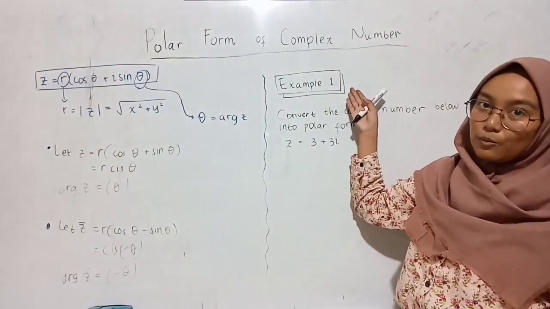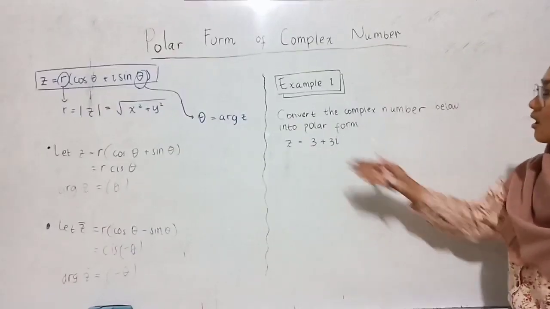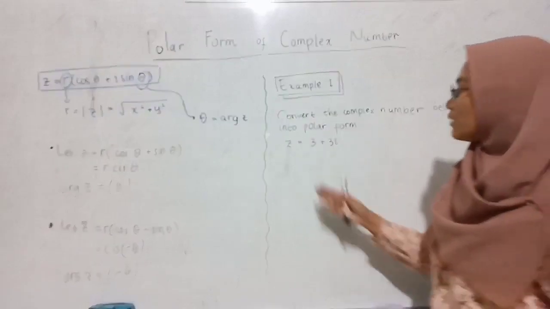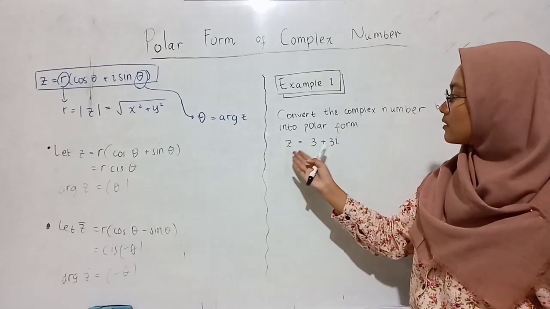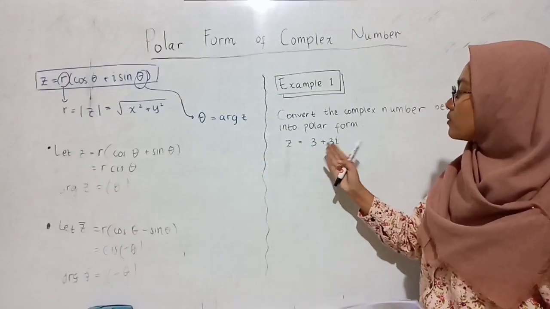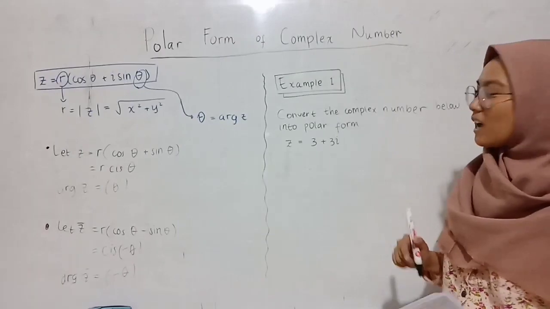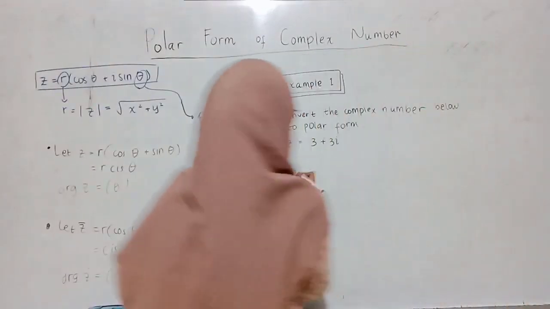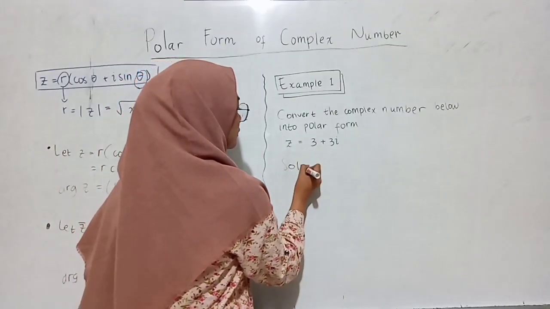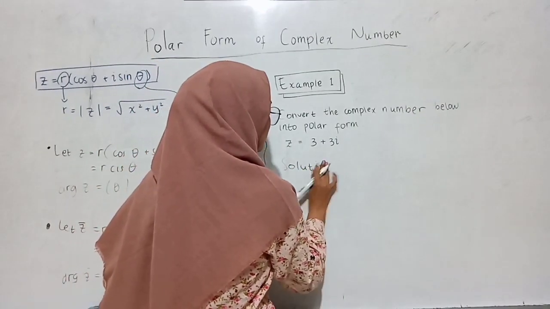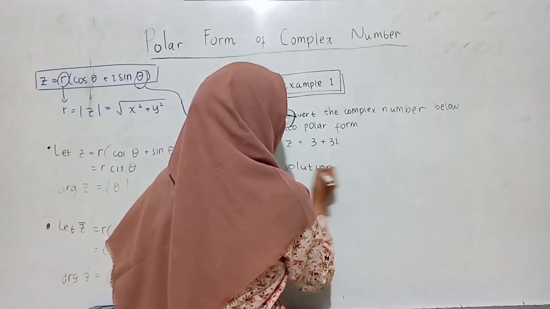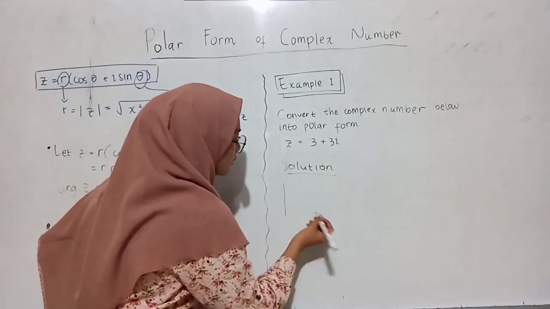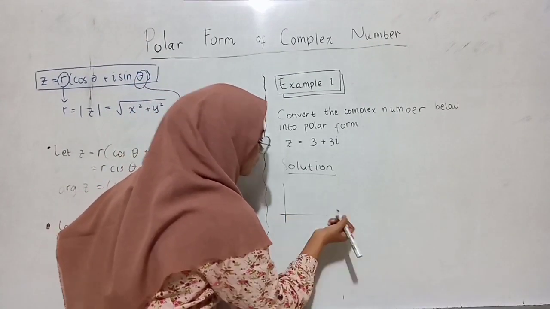Here is example 1, and the question is: convert the complex number below into polar form. The complex number is Z equals 3 plus 3i. How can we get the polar form? Solution: first, draw the Cartesian diagram.